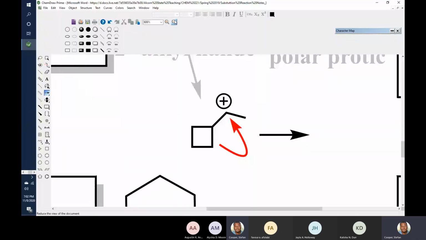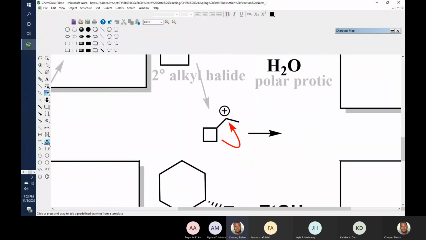In doing so, I'm going to generate this right here.